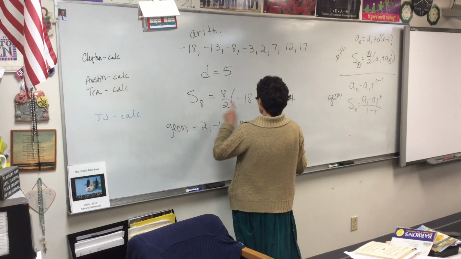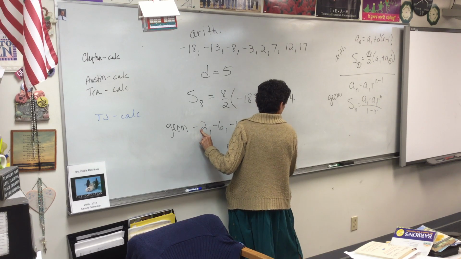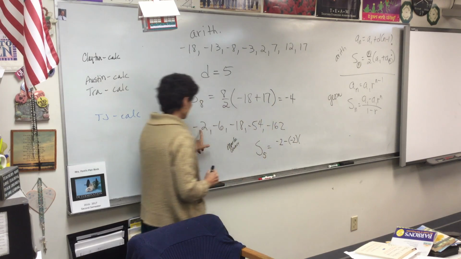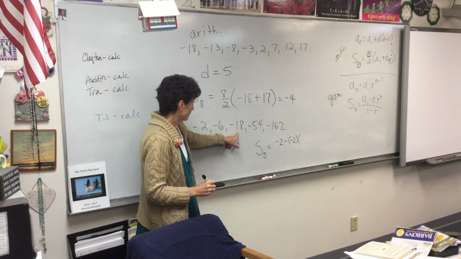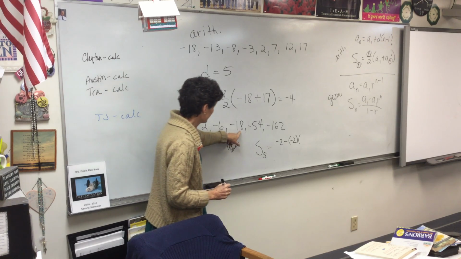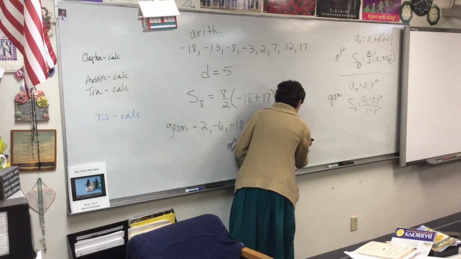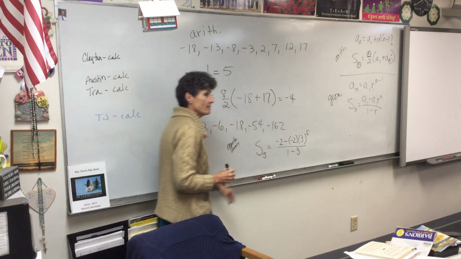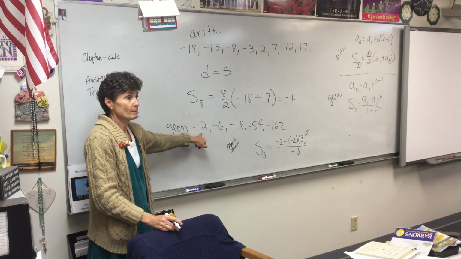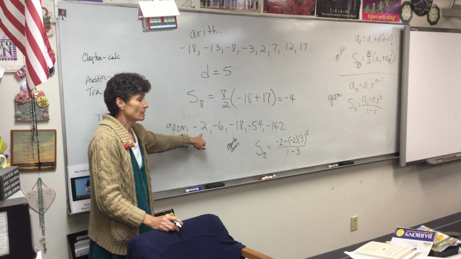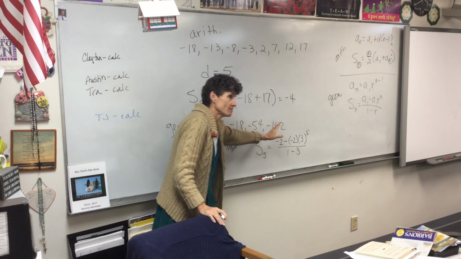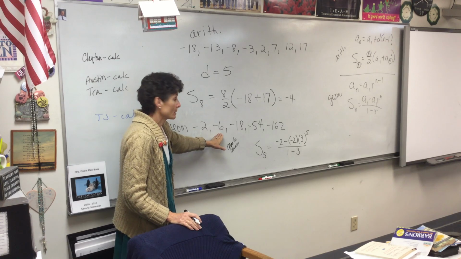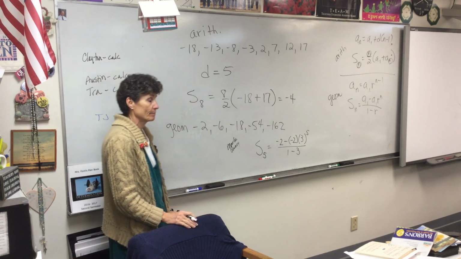What's the first term? -2 minus -2 times, what's your ratio? 3, to the 5th over 1 minus 3. Your first term is -2. There are 5 terms, so n is 5. The ratio is 3. I just plug all those numbers in.